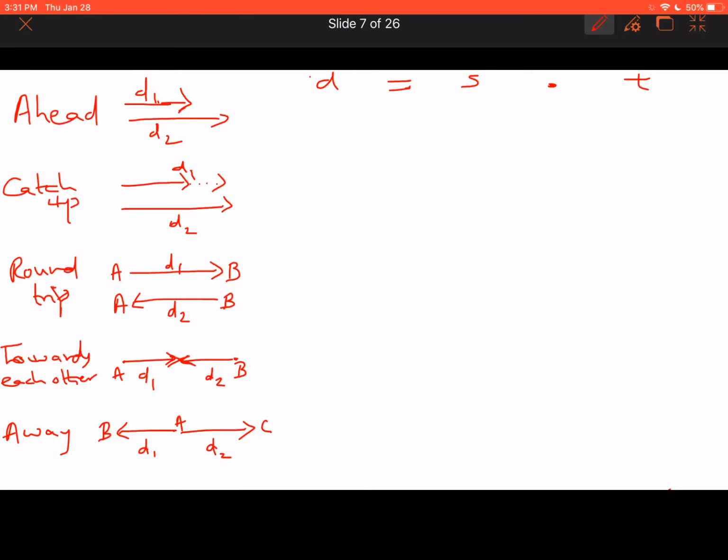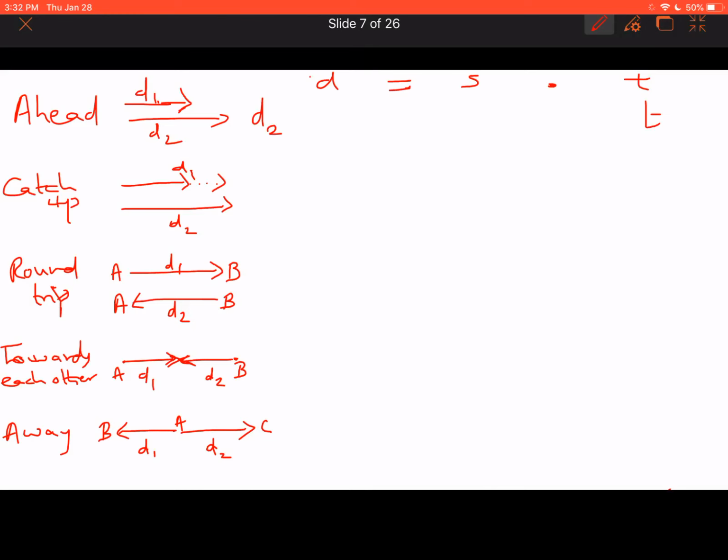Then we saw some problems which are related to vehicles moving ahead of each other, that is, vehicle 1 may travel at a certain speed and vehicle 2 is traveling at a different speed, and after t time what is going to be the distance covered by the two vehicles.